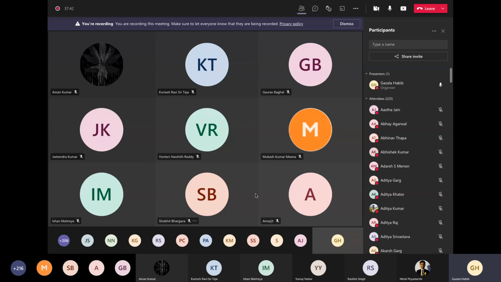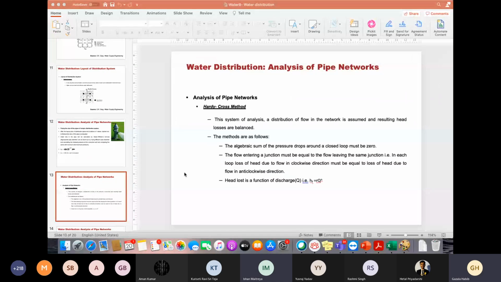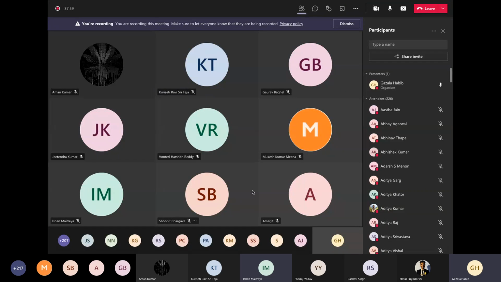Because Wednesday we are not having class, right? Okay. So how many classes are there? I need 4 classes. Yeah, 4 are easily there. Okay. In general, in this course, even in other courses, I do not teach in the last week before the major exam. So I want to cover the topics at least 1 week before the major exam. So for the week of the major exam as well as the week before, I want to finish a week before.